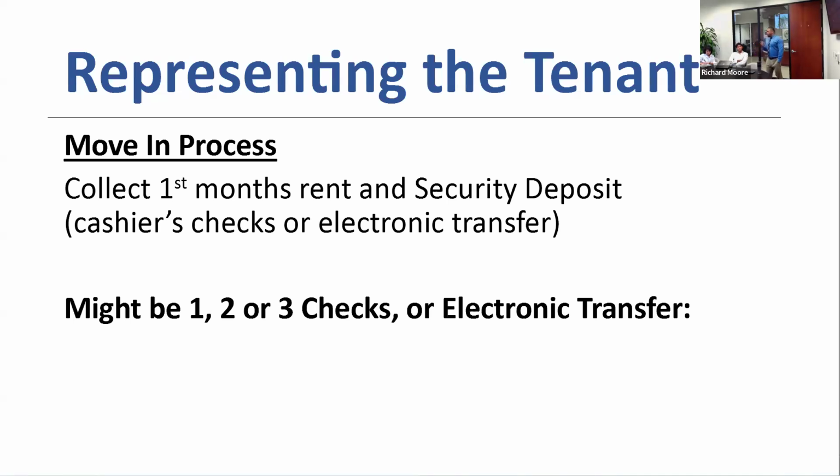All right, so when they're ready to move in, you might have to have them do 1, 2, or 3 different cashier's checks. You want cashier's checks, or sometimes if the landlords want to accept a personal check, you can do that as well. But if it's one check, it's going to be the whole amount made out to the landlord, and then the landlord's going to pay commissions out of their own accounts.